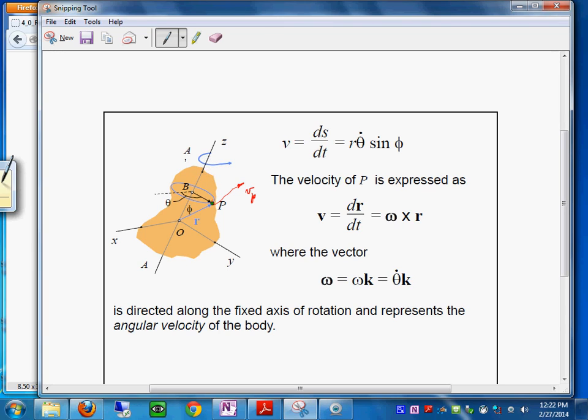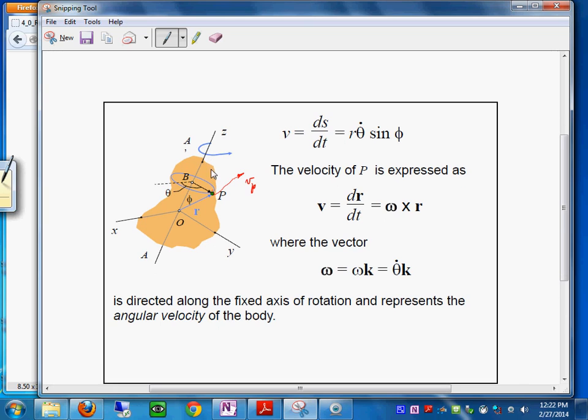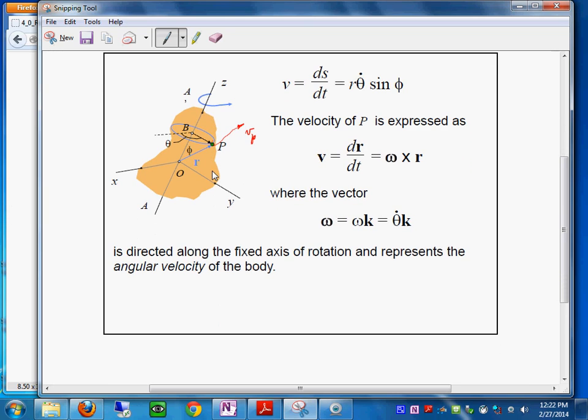So the conclusion of this is that for a rigid body, the velocity is given by omega cross R. It doesn't have a relative velocity term because this is rotation about a fixed axis.